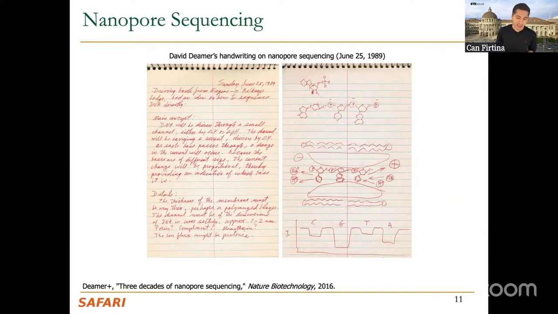So when this DNA is moving at a speed that varies a lot and is very high, then you cannot really measure the ionic current disruptions at a resolution that lets you look at the disruption for every base.